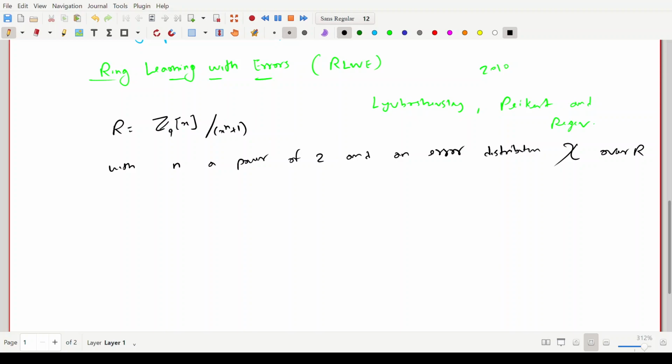It should have small elements, and every element of R is of degree n minus 1. That is quite simple.